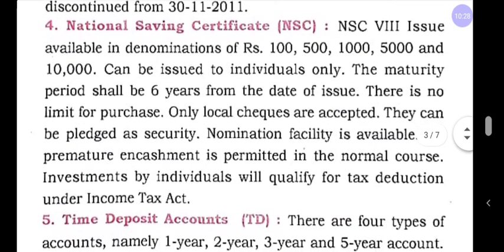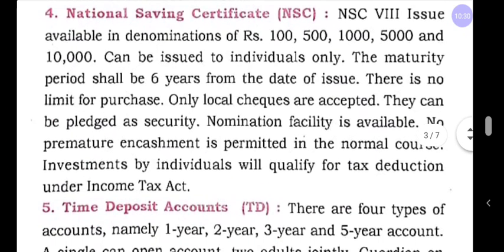And next we have the National Savings Certificate. This will be issued by the central government, and it has the same denominations. You can purchase a certificate of any denomination. The maturity period may be 1 year. After completing 1 year, you will earn extra income.